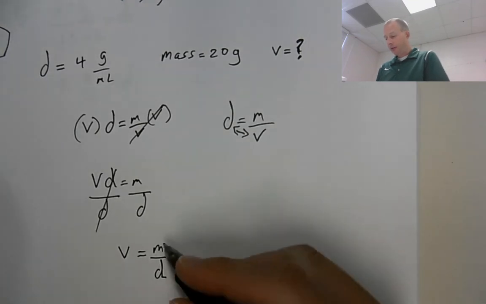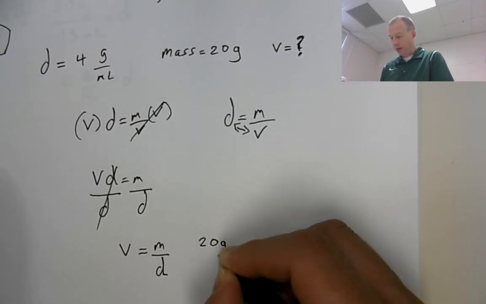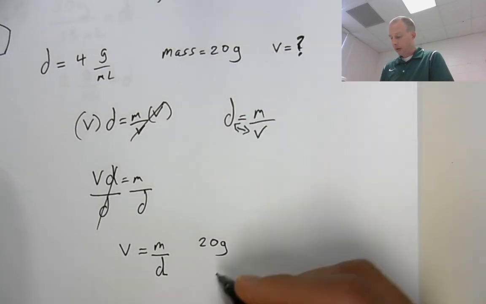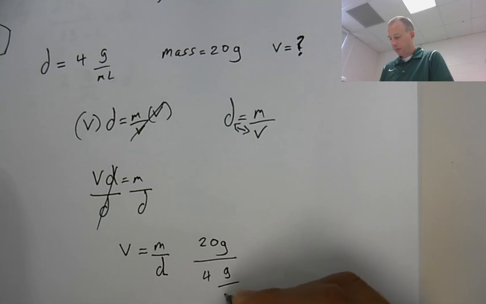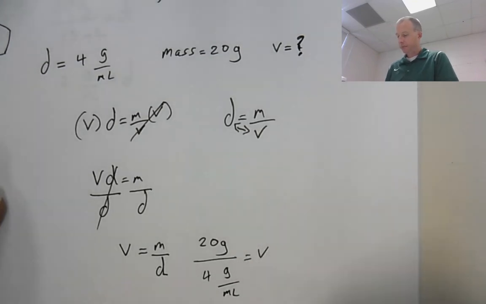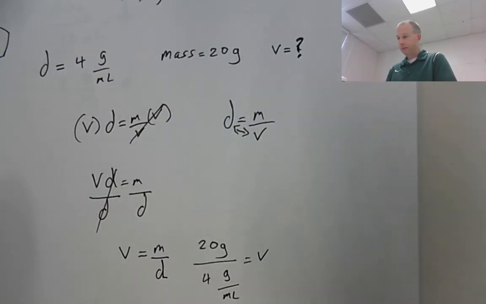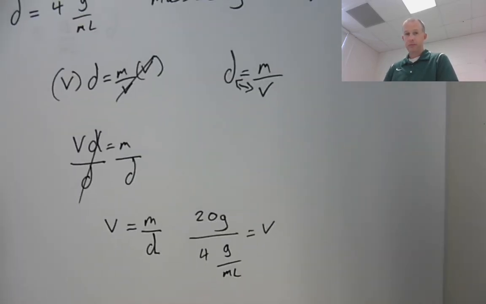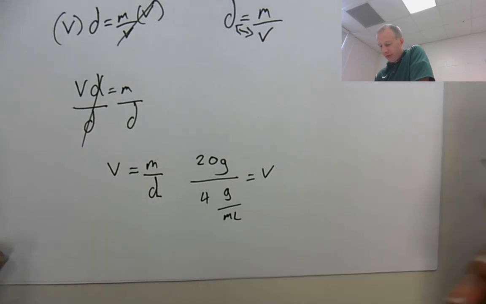So now that you know this, you're just going to take your mass, and plug it in down here, that's 20 grams. That's from here. You're going to plug in your density, that's 4 grams per milliliter. And that'll be equal to volume. So you'll do the math: 20 divided by 4, what is that, 5?